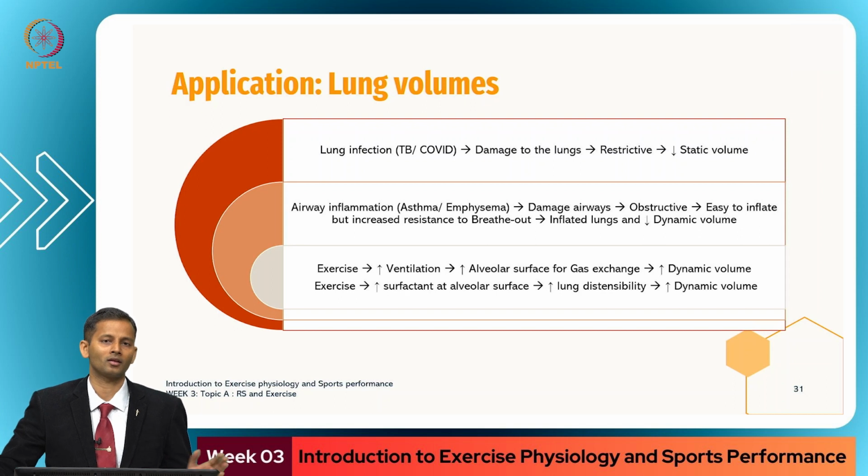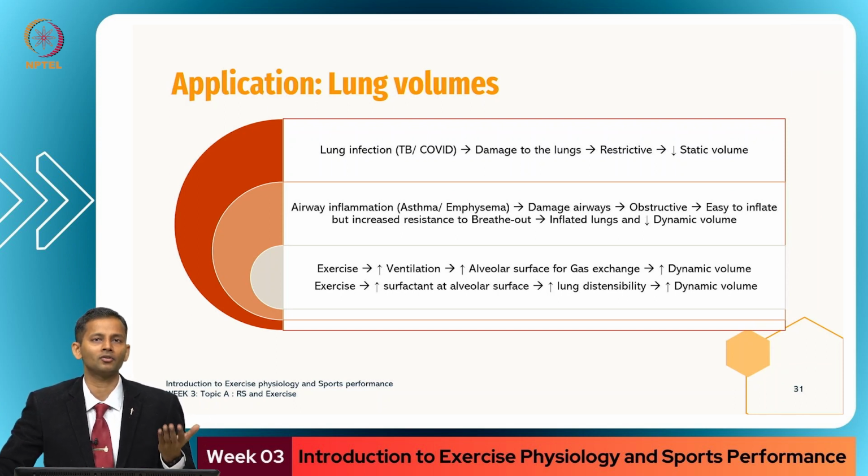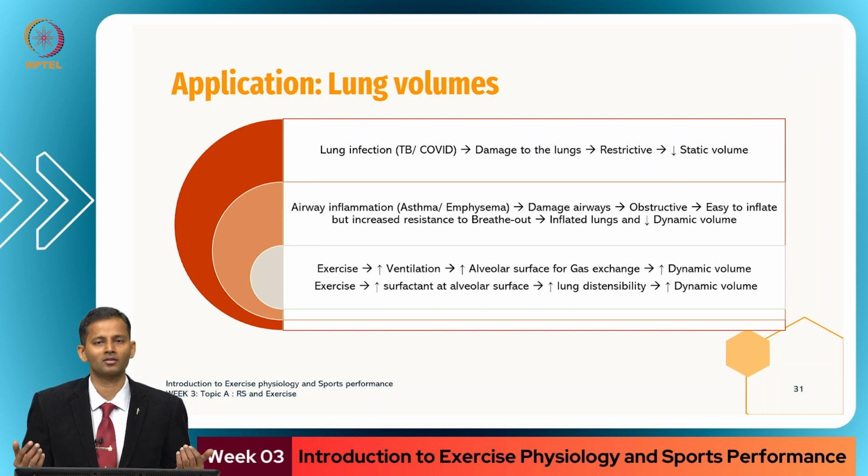So what happens in exercise? In exercise, as I mentioned, there is increase in the need. So there is increase in the ventilation, which causes an increase in the alveolar surface. The alveolar surface, which is normally used for the gaseous exchange, increases. That causes an increase in the dynamic volume.